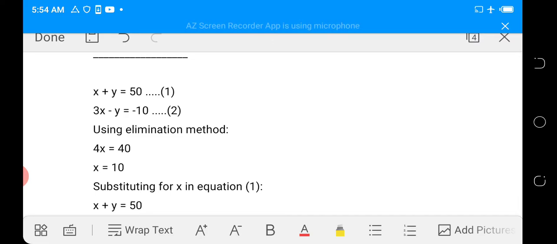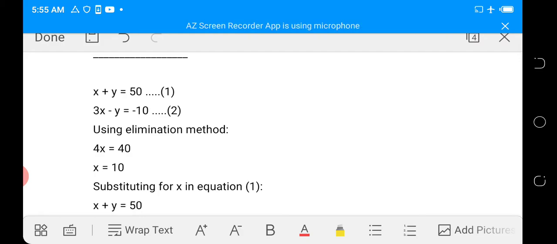So therefore, elimination method is better in solving these two equations. Using elimination method, I'm going to add because they have opposite signs. So adding the two equations, I'm going to have 4x is equal to 40. Solving this gives me x is equal to 10.